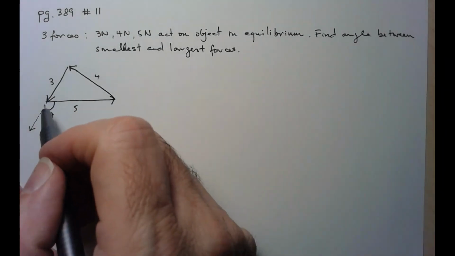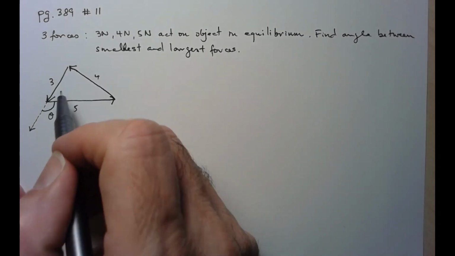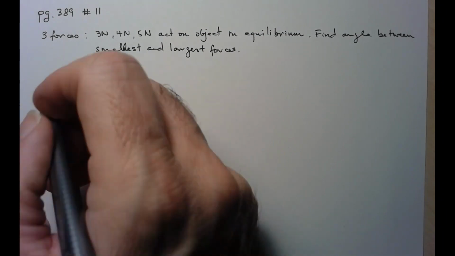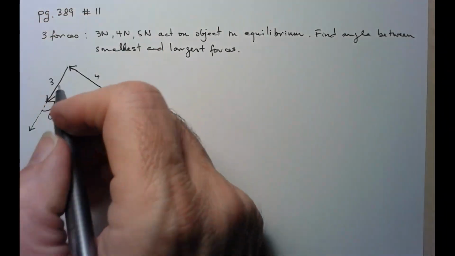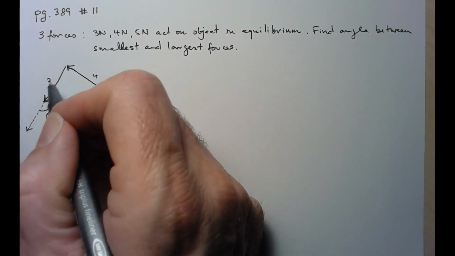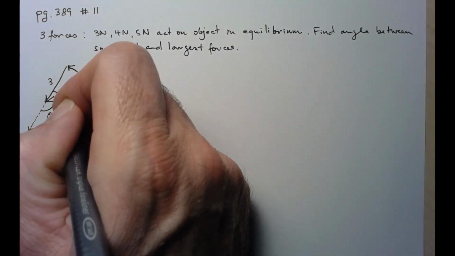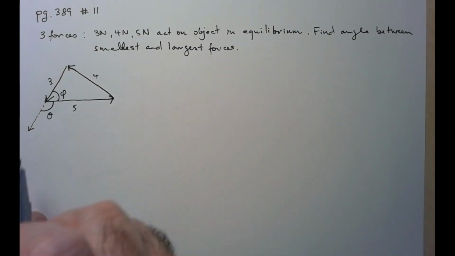Of course, this angle theta is not inside the triangle, and I want to work inside the triangle. But I notice here that, again, I'm just moving this down, this whole thing creates one straight line. So the angle here inside the triangle, which I'll call phi, is going to be supplementary to angle theta.